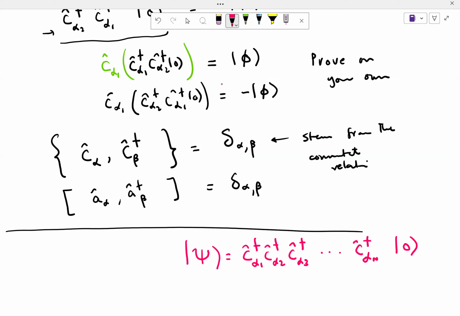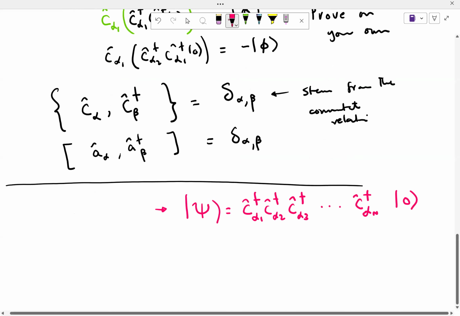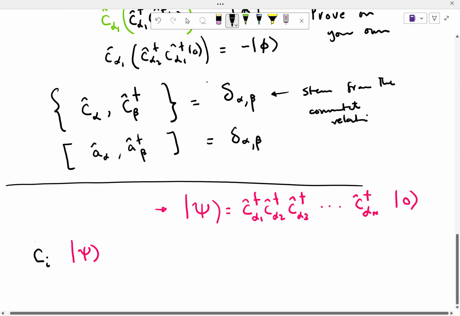Suppose I call this my quantum state psi. Now, what happens if I take this psi and implement the annihilation operator on it?